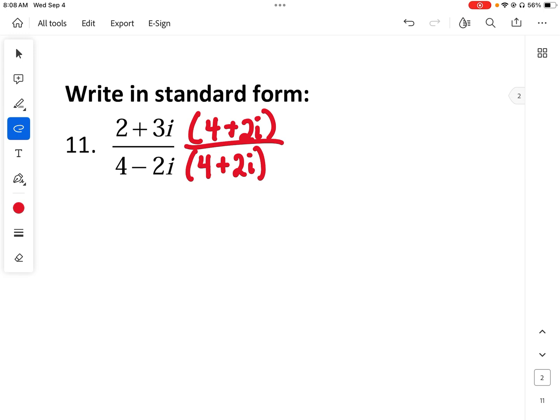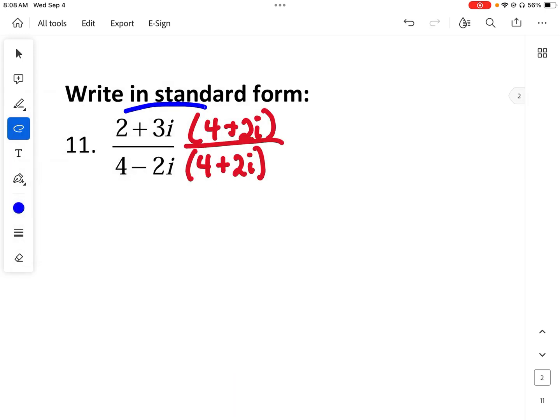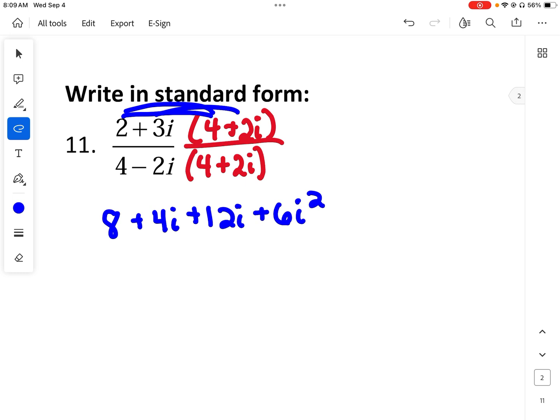All right, so let's go ahead and do the top, and do a different color. So it's going to be 8 plus 4i plus 12i plus 6i squared.